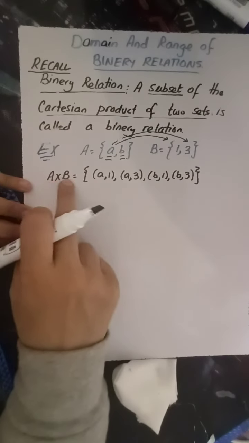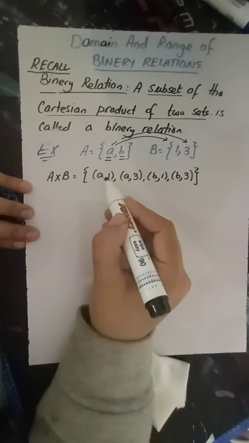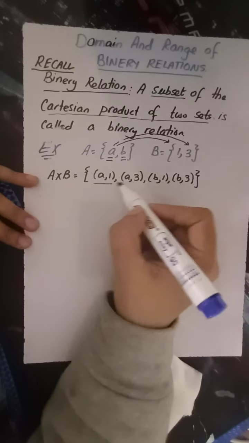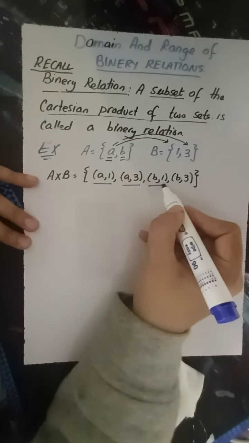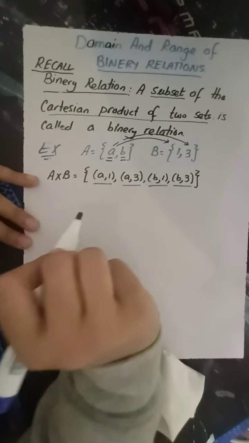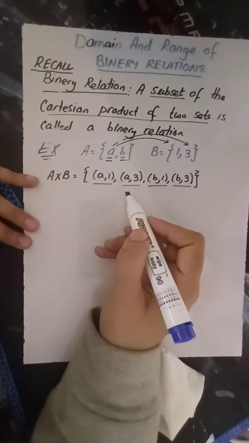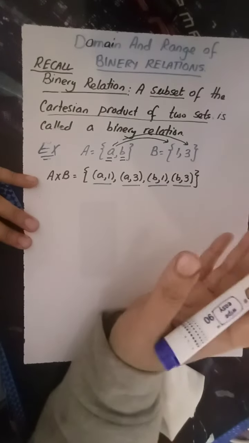So we know that the elements of this set A cross B are in the form of ordered pairs. This is the first element of the set A cross B. This ordered pair is the second element, this is the third element, and this is the fourth element. The method of making the subset is the same as we generally do while we make the subsets of any set.